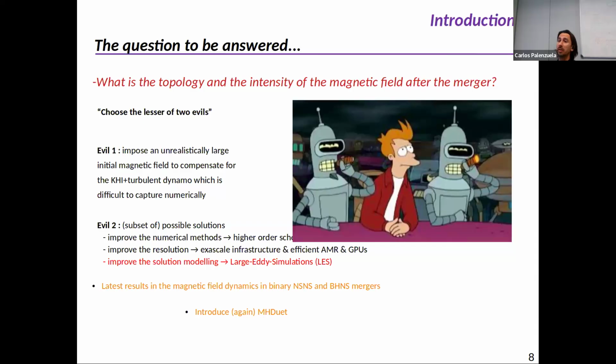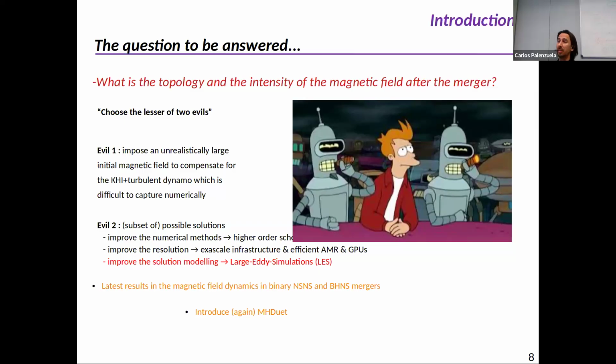Either we improve numerical methods with higher order schemes, or we improve the resolution, and then we have to go to exascale infrastructures with more efficient AMR, with GPUs, possibly. Or we can try to improve the modeling of our solution. And this is what I am going to discuss here with the Large-Eddy-Simulation techniques.